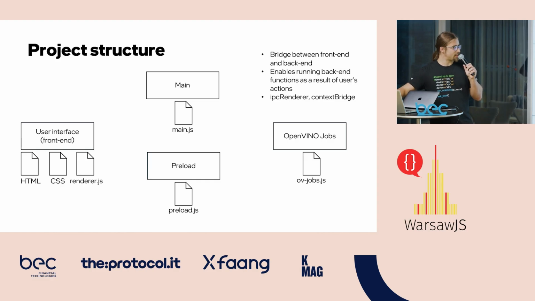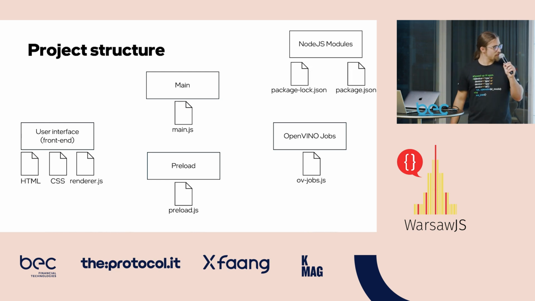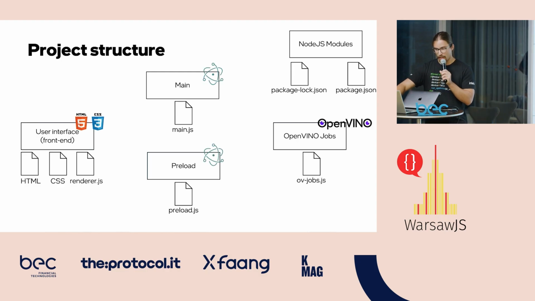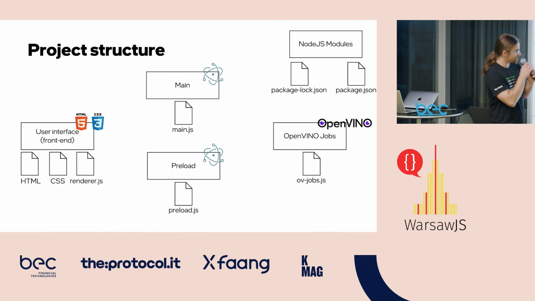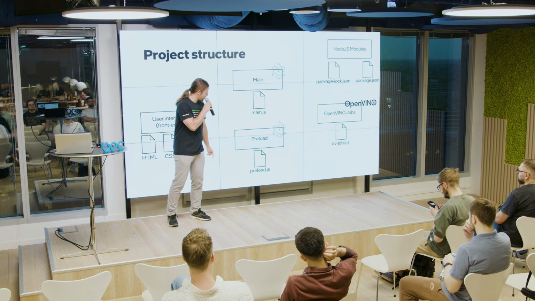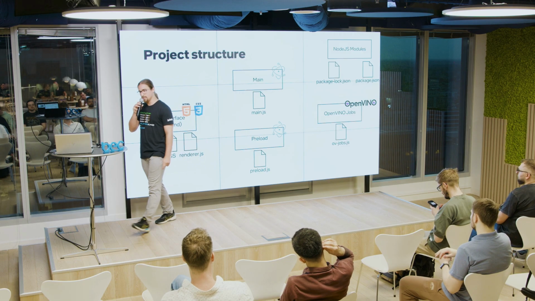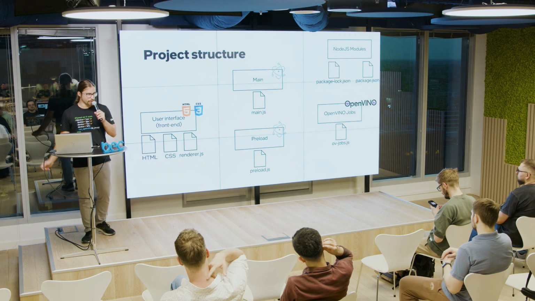And preload, which is a bridge between user interface and OpenVINO jobs. So let's say this controller part of model view controller architecture. And of course, Node.js modules with package.json and package lock. So as I mentioned, HTML and CSS is here, OpenVINO is over there, and ElectronJS functions are in those two components here.